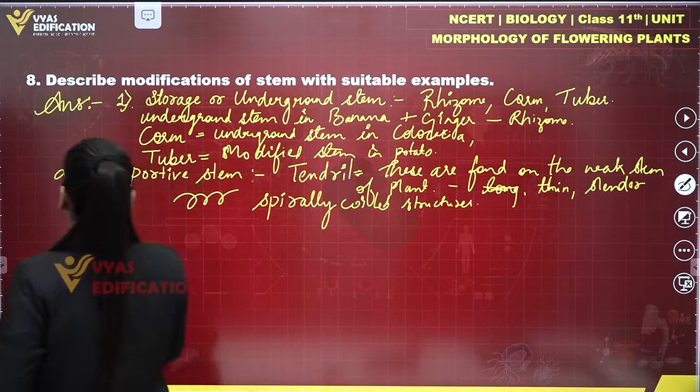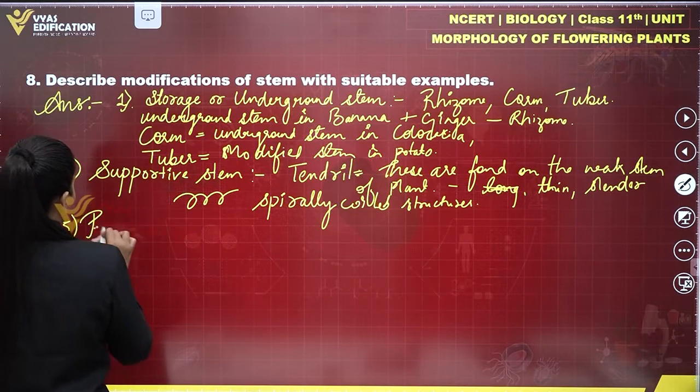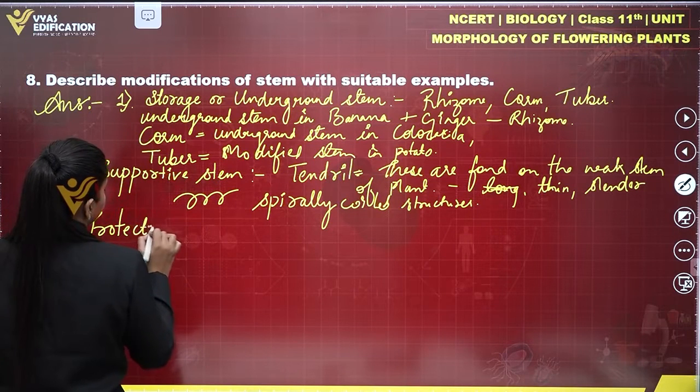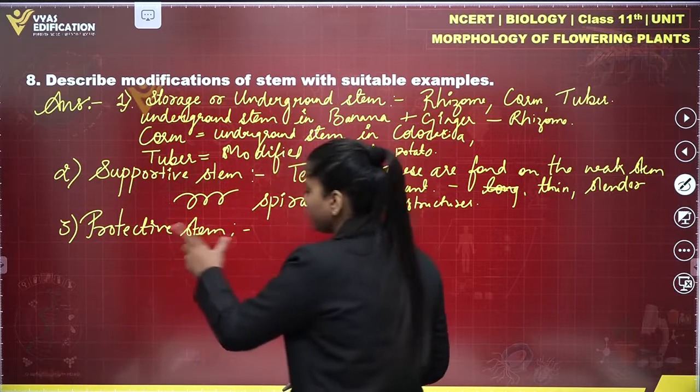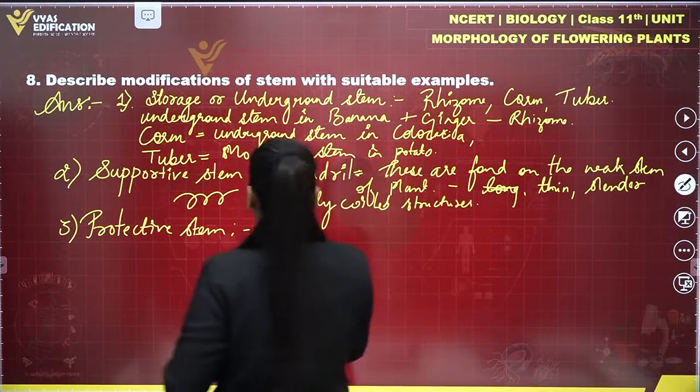Then next type of modification we have is protective stem. For this we have example as thorn.